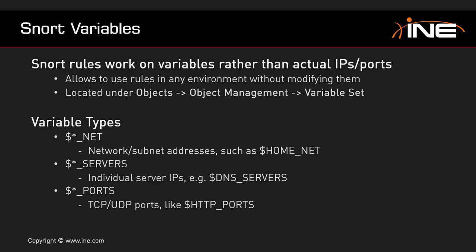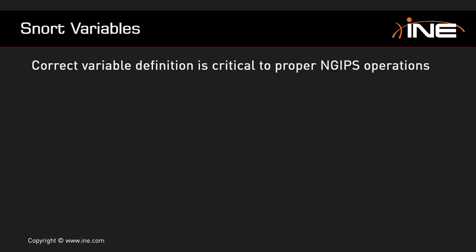We have variables that define servers. Those will be referring to addresses of our web, FTP, or possibly DNS servers. And we have variables that will be used to define port numbers on which our servers are listening, like for example ports for our web servers.